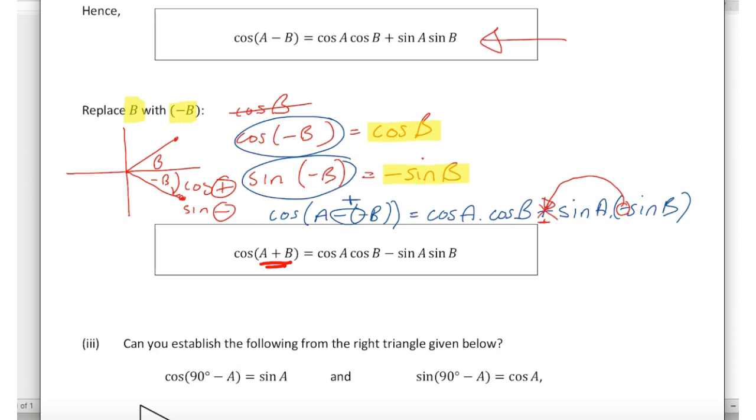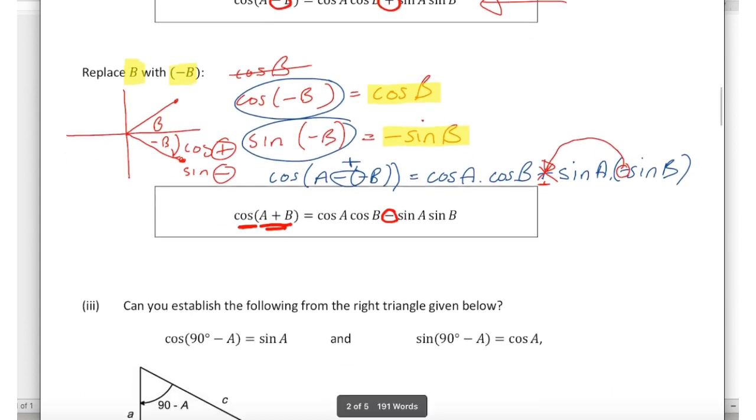So if we have the angle sum in a cosine situation of adding angle A and B, we will have cos A times cos B subtract sine A times sine B. So we can clearly see that there's a bit of a pattern going on here.